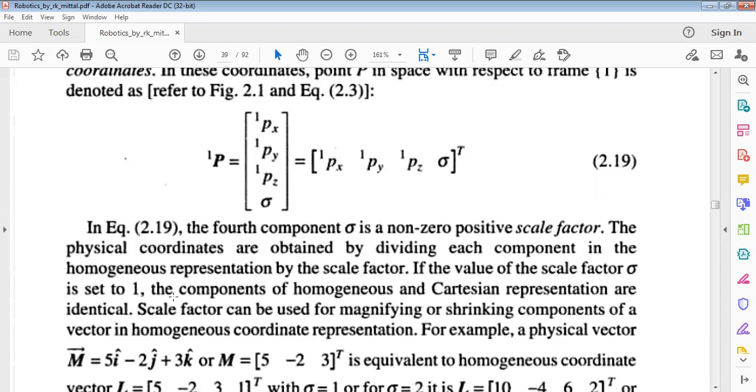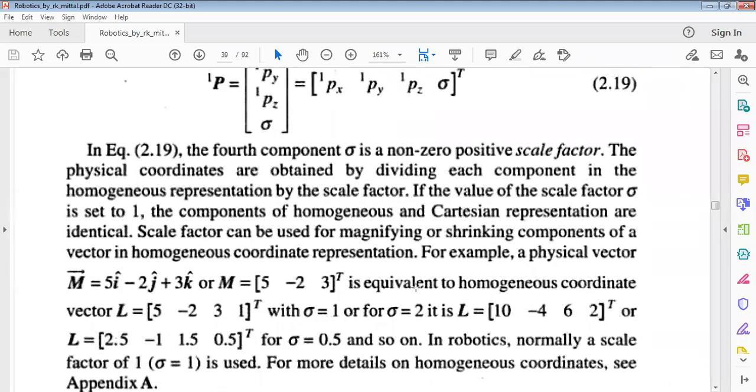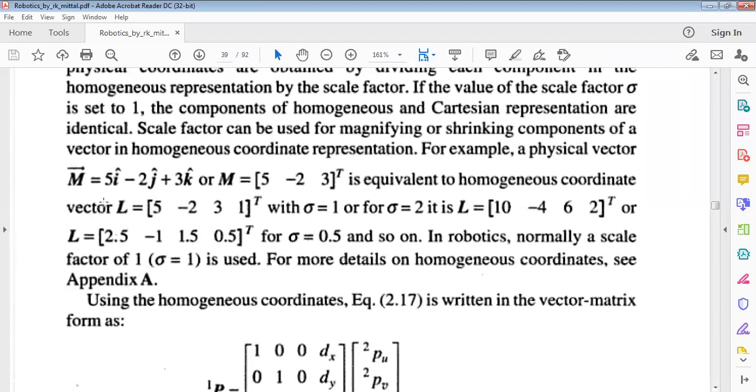Now this scale factor can be used for either magnifying or shrinking the components of the vector in homogeneous coordinates representation. For example, let us consider a physical vector m bar.